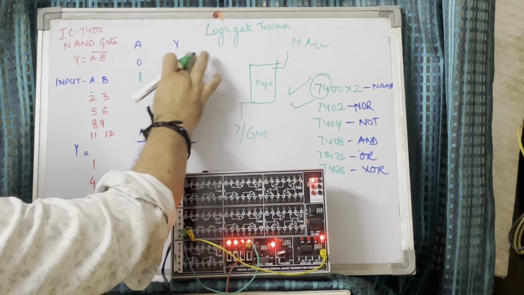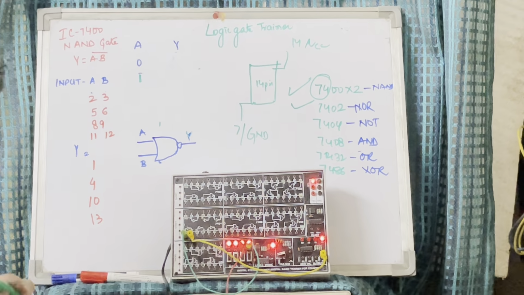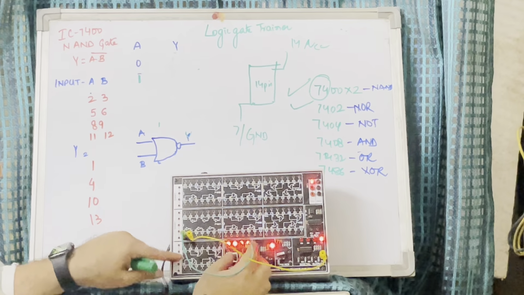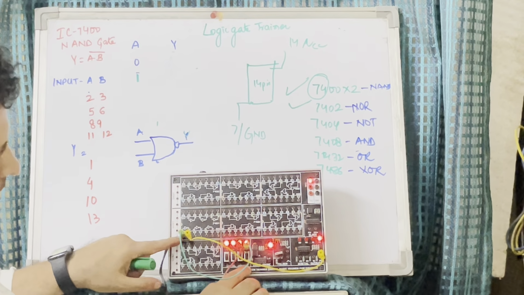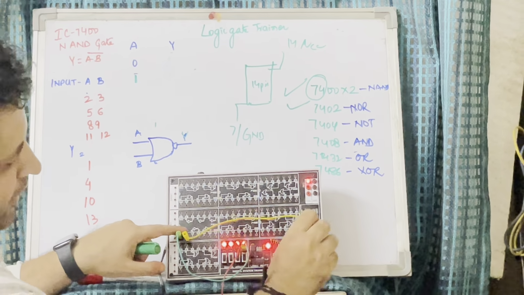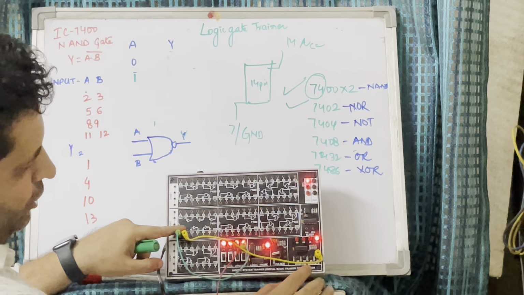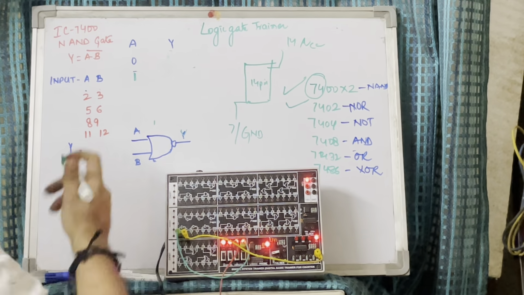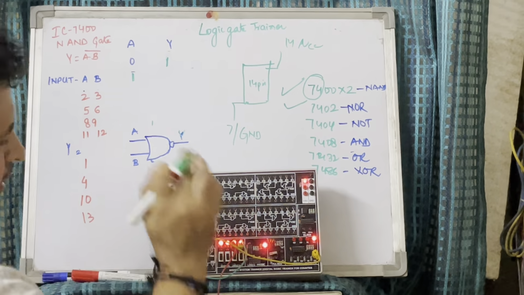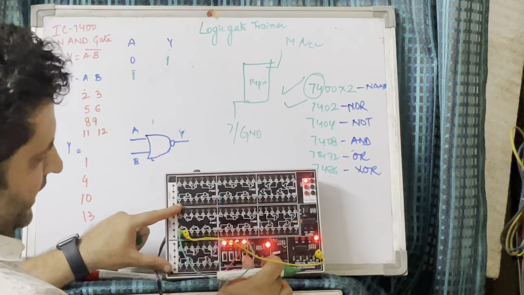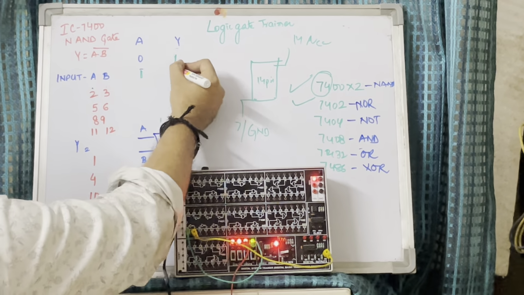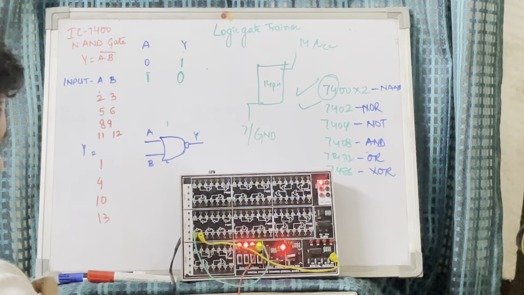So let us see what we get. Green one is the input we have connected from I0 to pin number 1. From pin number 2 we have connected the output. We give 0 and we are getting output as 1. And in the other state we connect the input to high and we get the output 0.